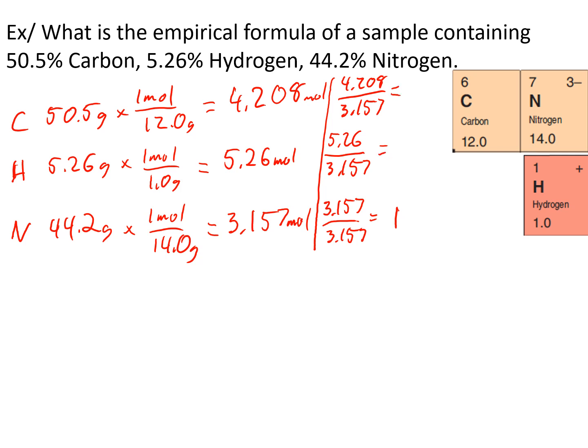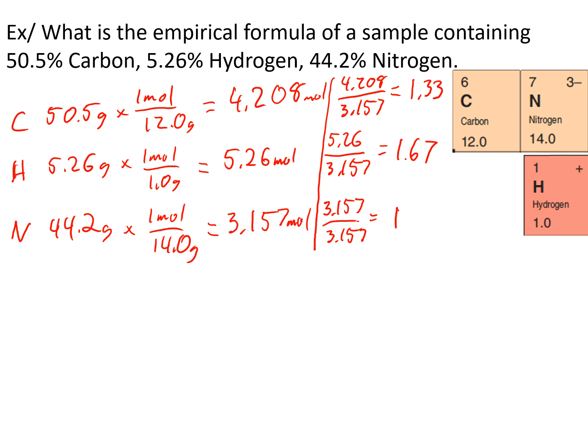And then calculate that. So I'm going to go 4.208 divided by 3.157, and I get 1.33. 5.26 divided by 3.157, and I get 1.66. 1.666 or 1.67.